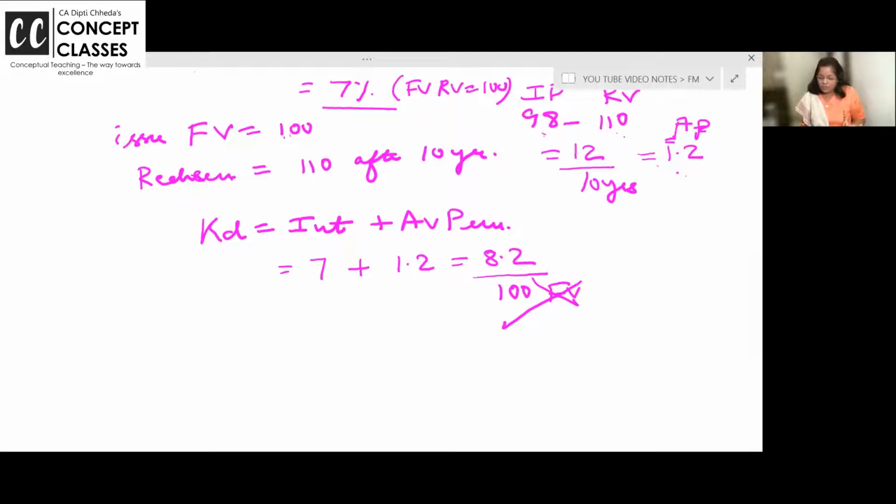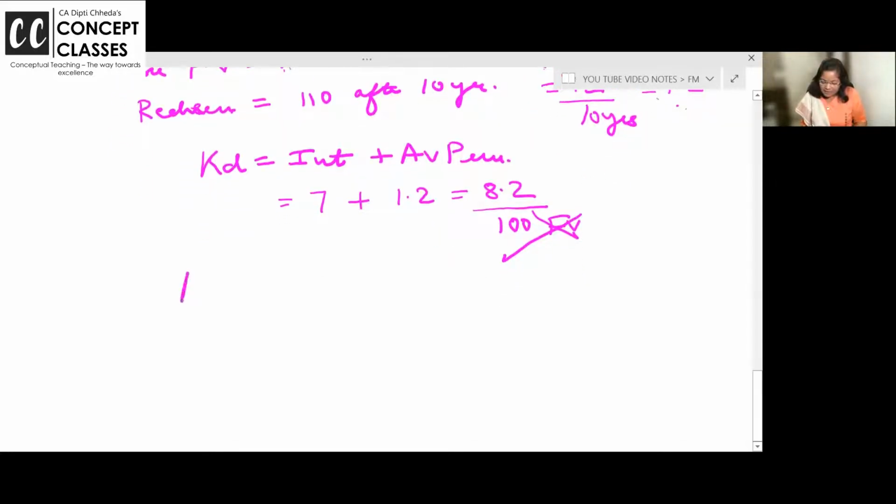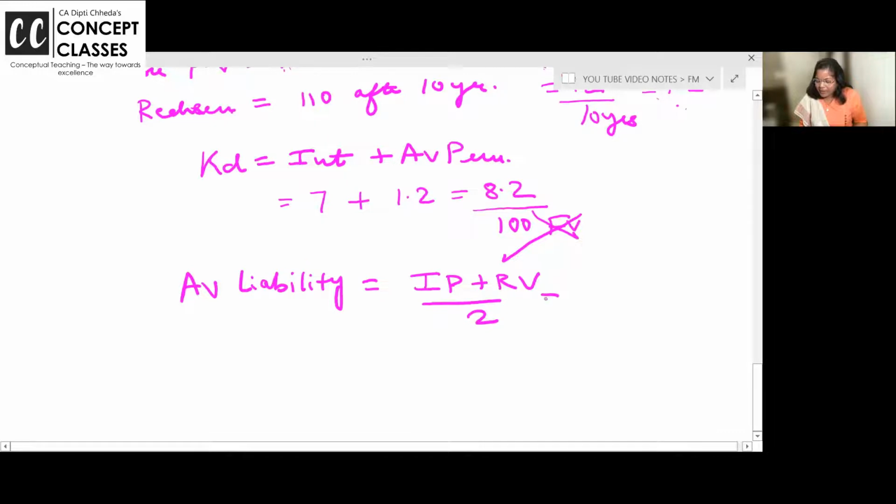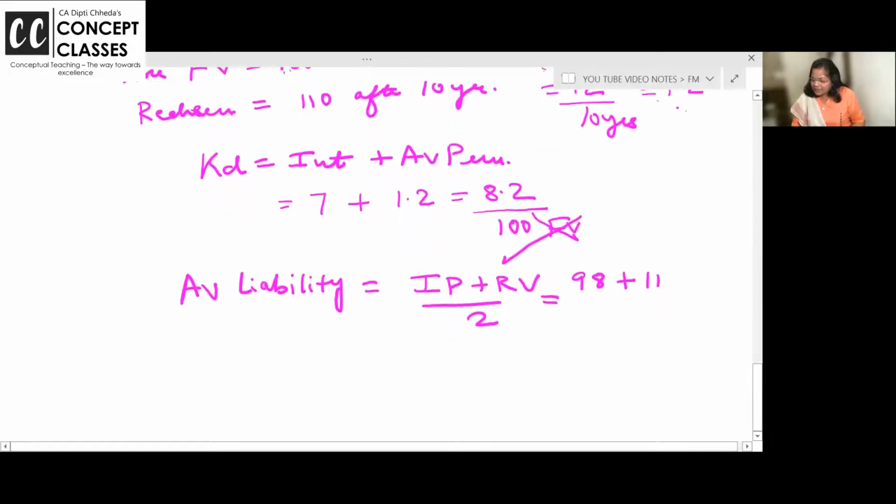The answer is no. Next comes average liability. Average liability is issue price plus redemption value divided by 2. How much did I issue for? 98. How much did I redeem and repay you after 10 years? 112. So average, how much money did I use?